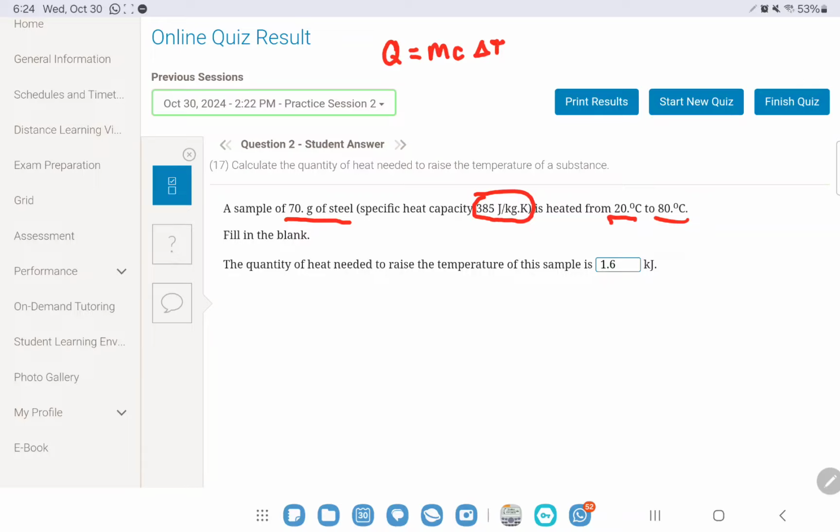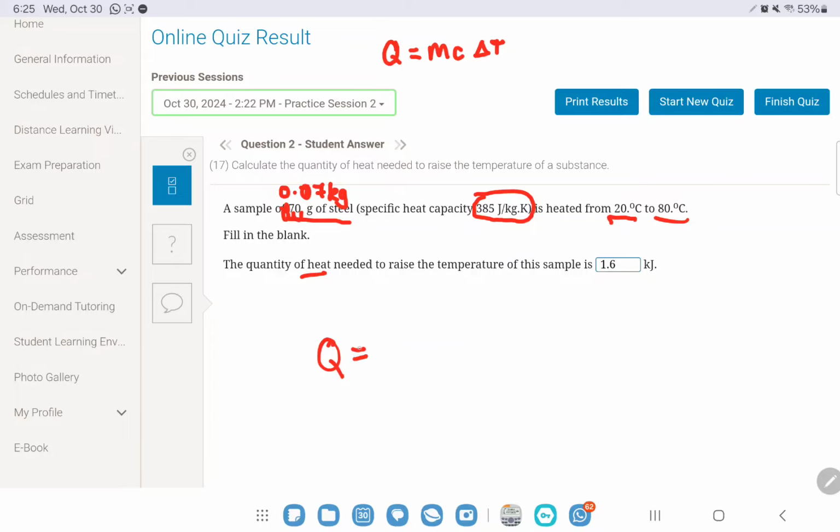So we're just going to substitute the values we have here. M has to be in kilograms, so we need to make it into kilograms. So 0.07 kilograms. Q is what we're trying to find, the quantity of heat.